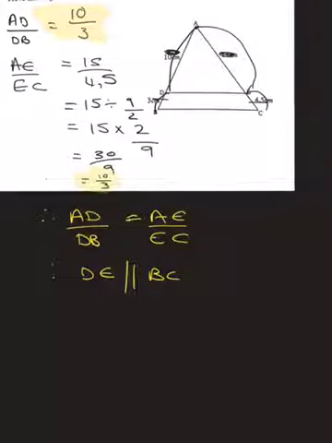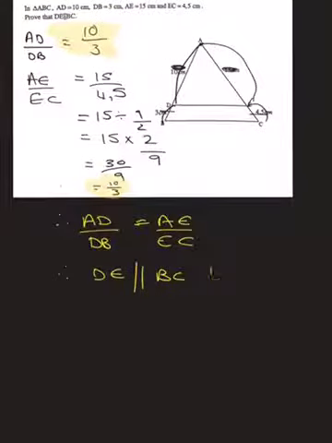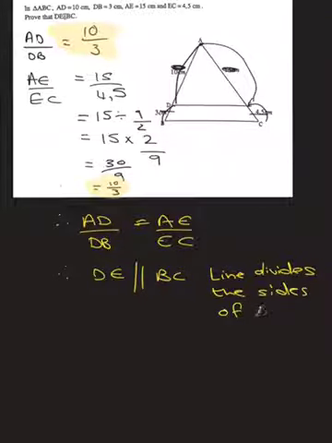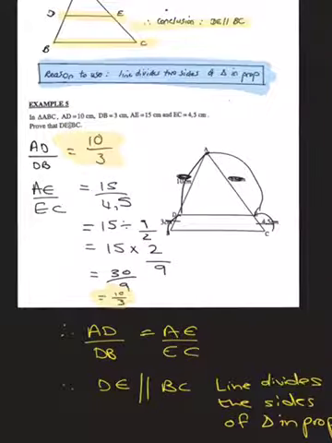And the reason you're going to use is this one here in the blue: line divides the sides of a triangle in proportion. Right, so it's that simple. We are working with numbers there.